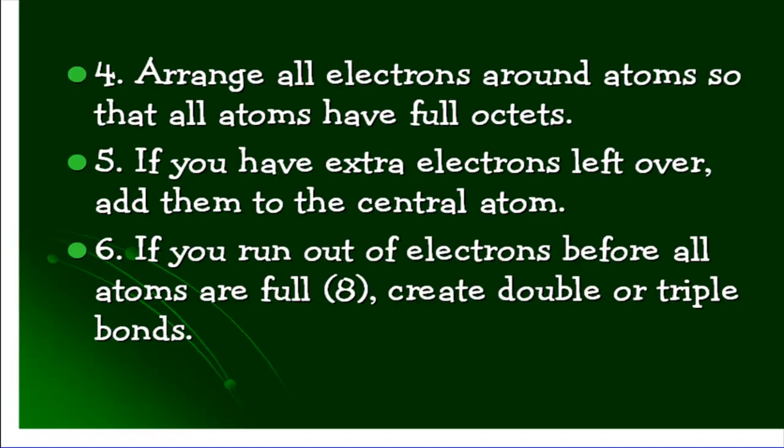Then we're going to arrange all the electrons so that the atoms have a full octet. Now remember that an octet is 8. Now if you have extra electrons that are left over, you're going to add them to the central atom. And if you run out of electrons before you fill up all the octets, you're going to create double or triple bonds. So let's look at a few of those.